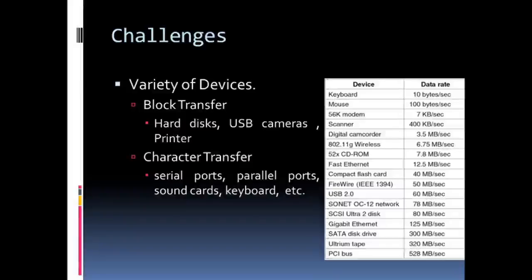Majorly, the devices are categorized into two types. One is the block transfer device, second is the character transfer device. Block transfer devices transfer data to the computer system or to the main memory in blocks of data that might vary from 1 Mbps to the hundreds, whereas a character transfer device might communicate with the computer in terms of bits or bytes.